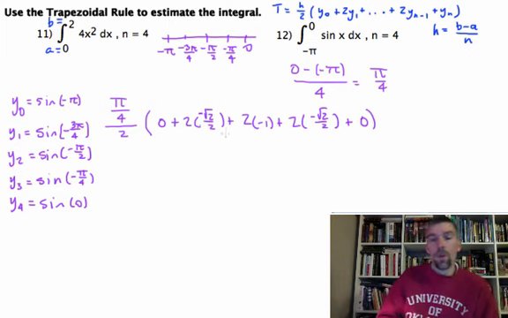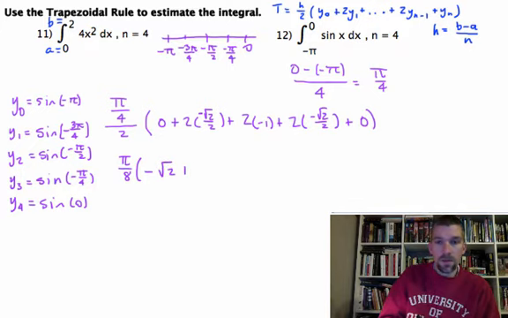So what we're doing on this problem is taking pi over 8 times, the zeros go away because we don't do anything with them. 2 times negative square root of 2, that's negative square root of 2, minus 2, minus negative root 2, or just minus root 2.